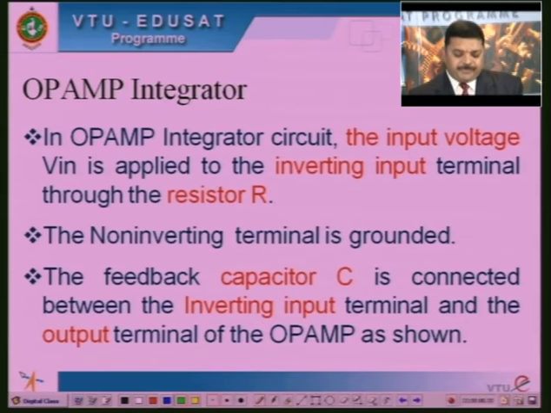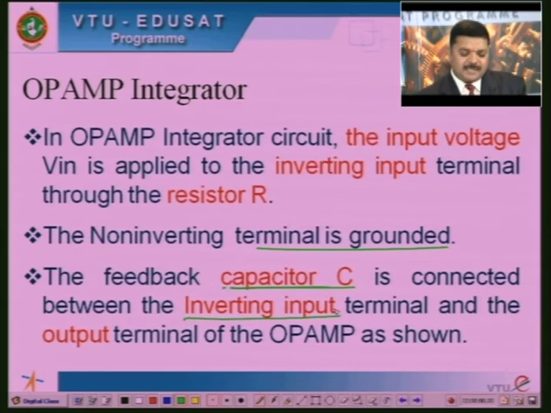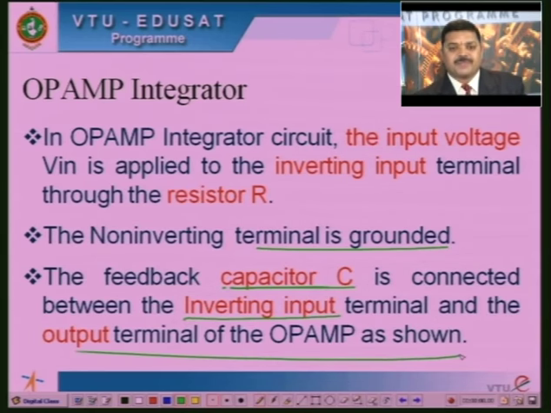Similarly, the non-inverting terminal is grounded. That is what we do in inverting amplifier, right? So, non-inverting input terminal is grounded. The feedback capacitor C is connected between the inverting input terminal and the output terminal of the op-amp as shown in the above diagram.